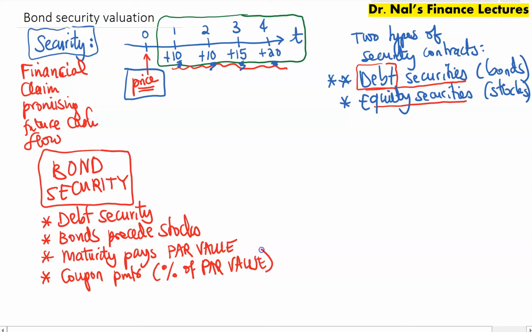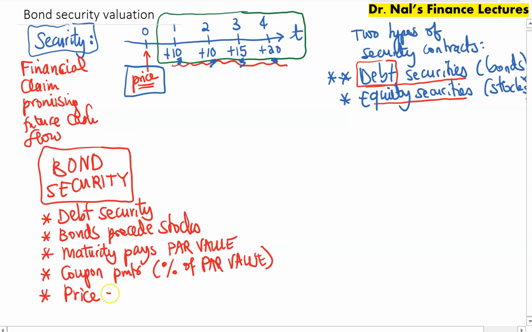Finally, like we said, we need to purchase the bond, so we need to pay a price. The price is usually referred to in comparison to the par value. Sometimes they call it par value, but oftentimes they call it the face value, which is more accurate.